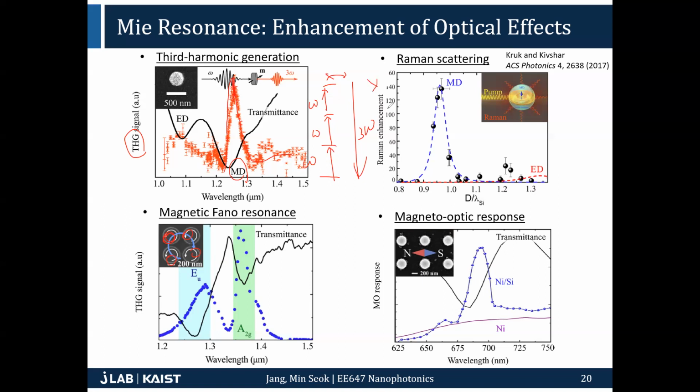You can also use it to enhance Raman scattering. I guess many of you have heard of Raman scattering, right? It's like this. You have incident light with frequency omega, and your sample has various vibrational modes.